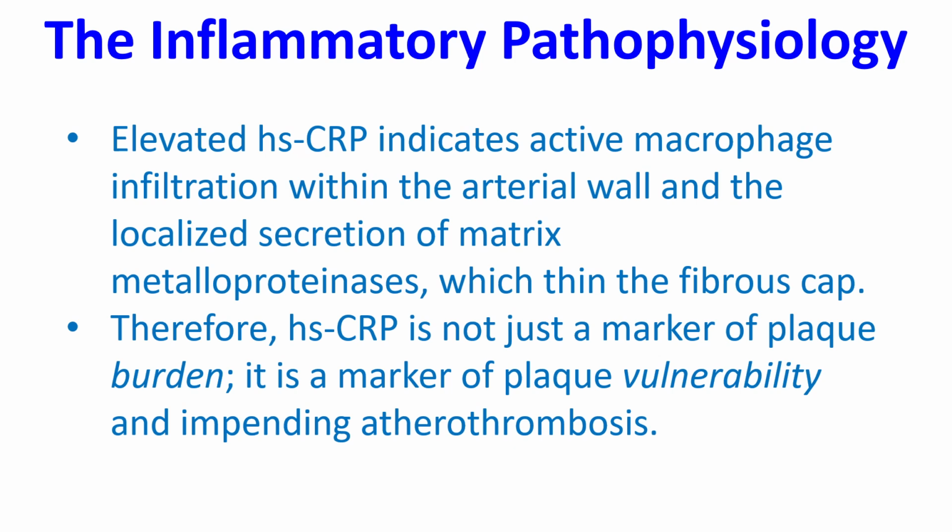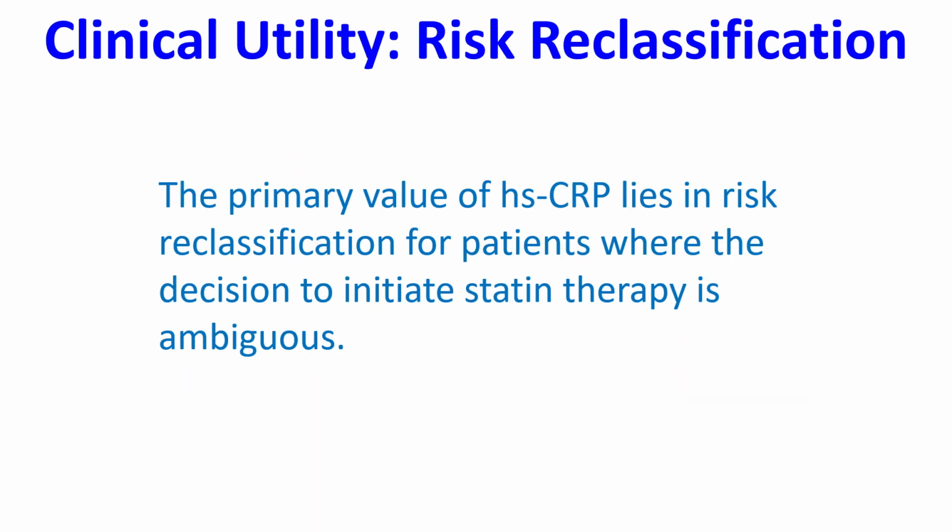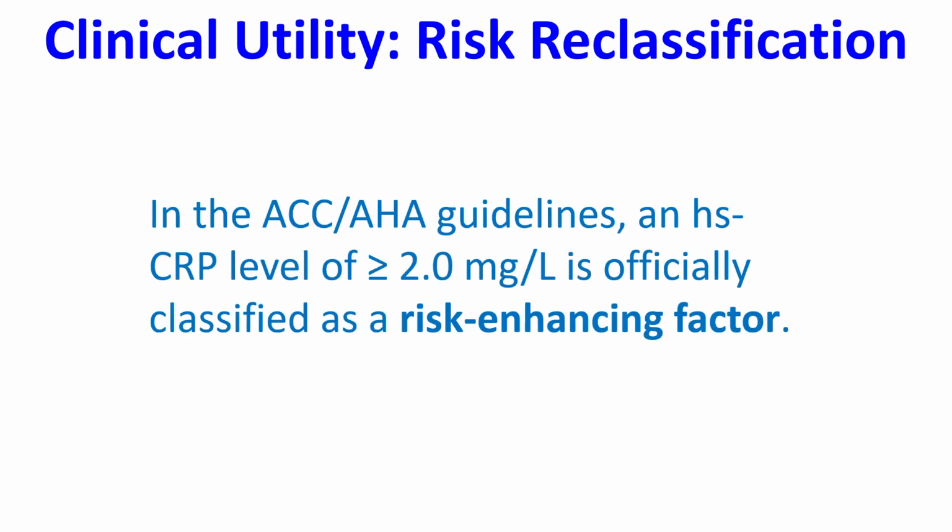impending atherothrombosis. The primary value of hs-CRP lies in risk reclassification for patients where the decision to initiate statin therapy is ambiguous. In the ACC/AHA guidelines, an hs-CRP level of 2 mg per liter or more is officially classified as a risk-enhancing factor.